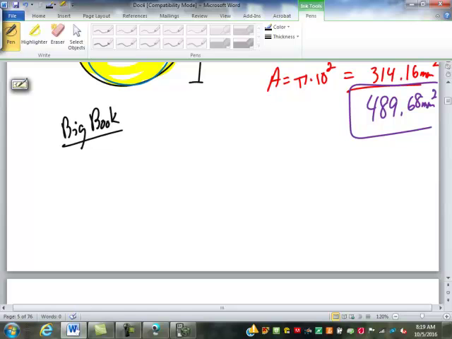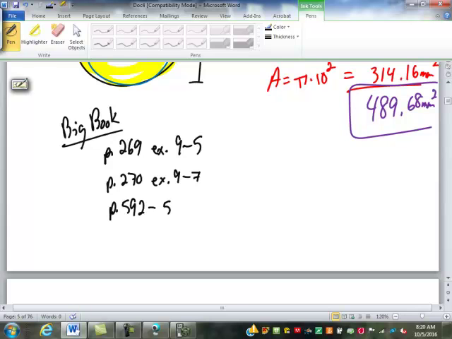In your big book, page 269, I think I gave you this one yesterday, but I wasn't sure. Exercise 9.5 and 270. Exercise 9.7, that's on the metric areas yet. Also in the big book, page 592 through 594. This should be exercise 27-2.